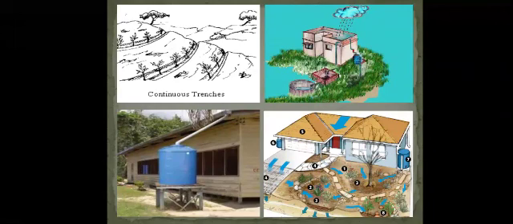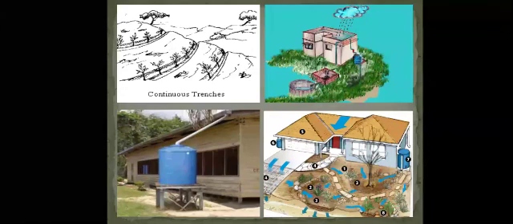So there are different methods of storing the water. You should always keep in mind that water is life, and water management means stopping or storing water or letting it percolate into the soil to make it available even after the rainy seasons.